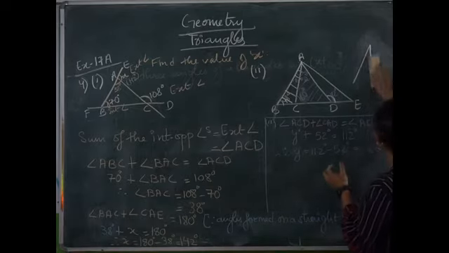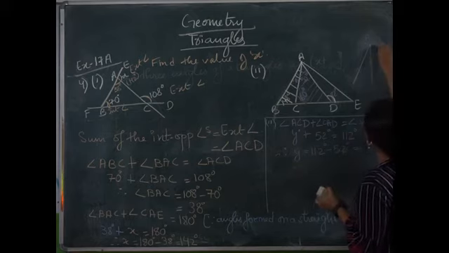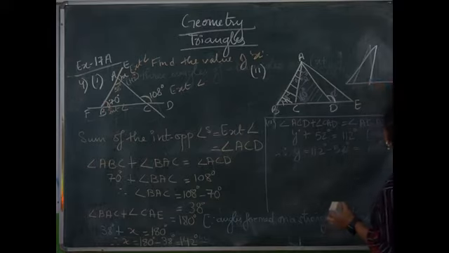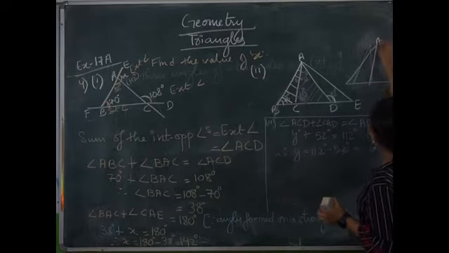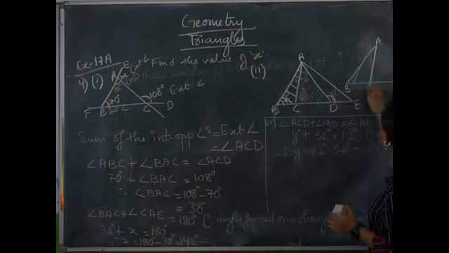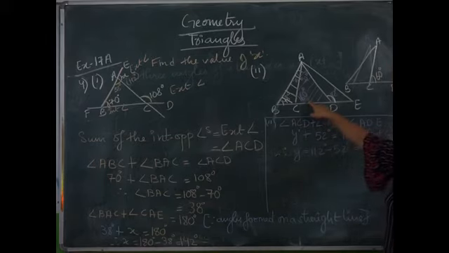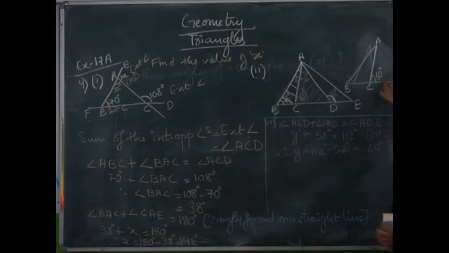It's not 90 degrees, so it's somewhat like this. So this is your A, this is your B, this is your C, and this is your D. Okay, and this angle we just calculated is your 60 degree, which was your Y.